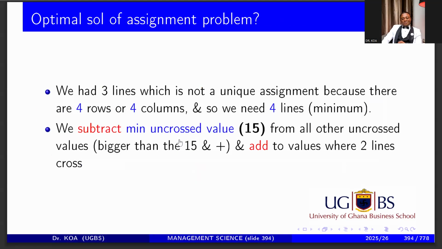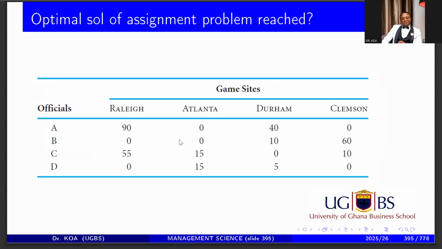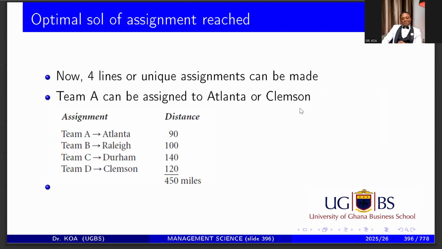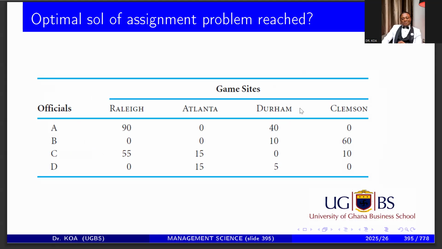Okay, once you've done that, the next one is now 4 lines. So let's see 4 lines, because you want 4 lines that have got zeros. So you can see from here, it says that because there are 4 rows of 4 columns, we need 4 lines minimum. And when you check here, we have 4 lines or 4 unique assignments. And look at it here, because at each section, you now have zeros.